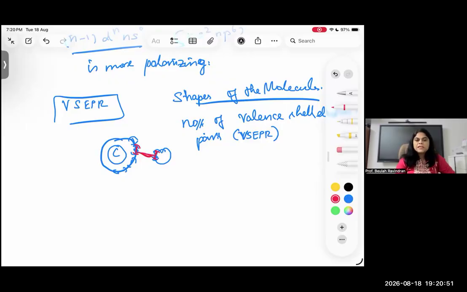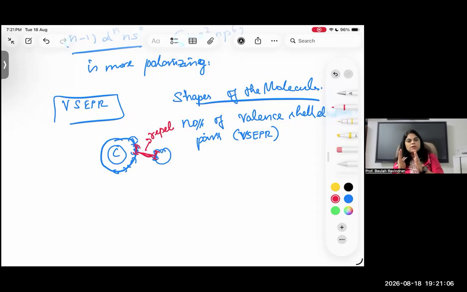So when I see this electron pair, if brought close together, definitely it will repel, right? Like charges. Then in order to reduce the repulsion, the electron pairs stay at maximum distance. So the valence shell is taken as a sphere, with the electron pairs localizing on the spherical surface at maximum distance from one another.